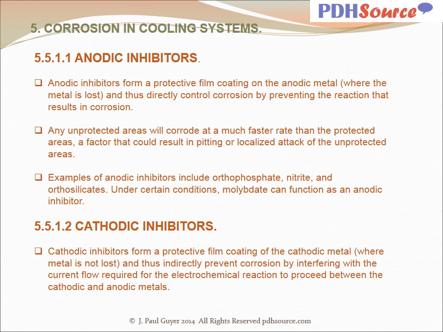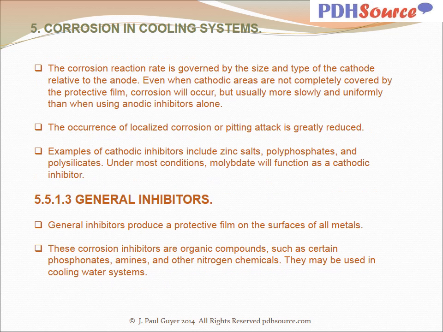The cathodic inhibitors form a protective film coating of the cathodic metal where metal is not lost, and thus indirectly prevent corrosion by interfering with the current flow required for the electrochemical reaction to proceed between the cathode and anode metals. The corrosion reaction rate is governed by the size and type of the cathode relative to the anode.